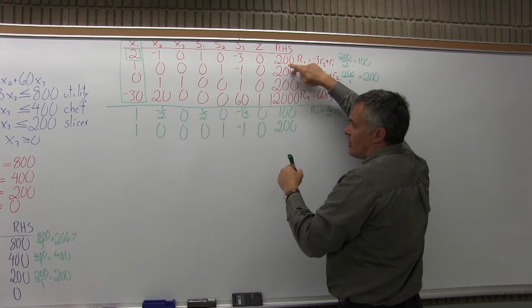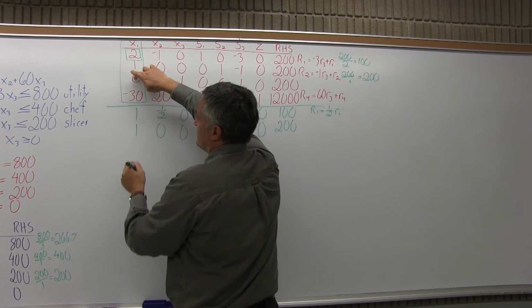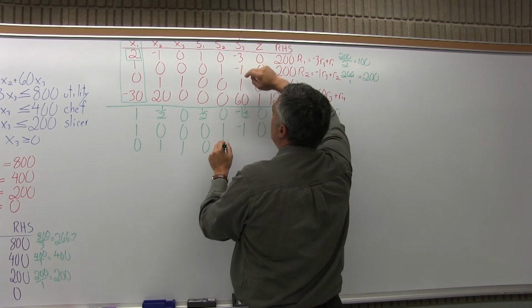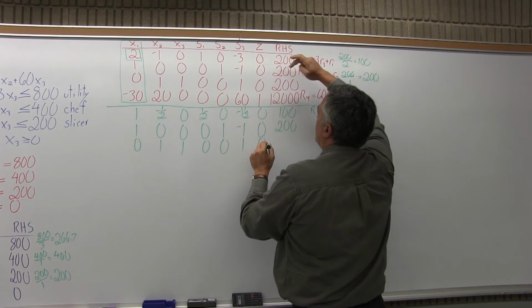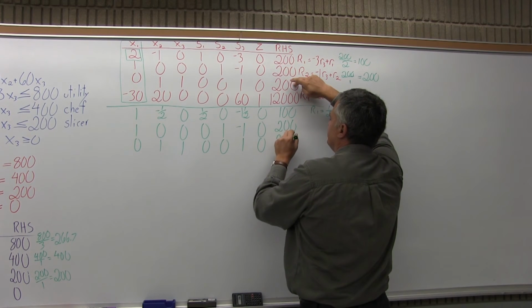The third row also won't change. The x1 value stays at 0, s2 stays 0, s3 stays 1, z stays 0, and the RHS value stays 200.